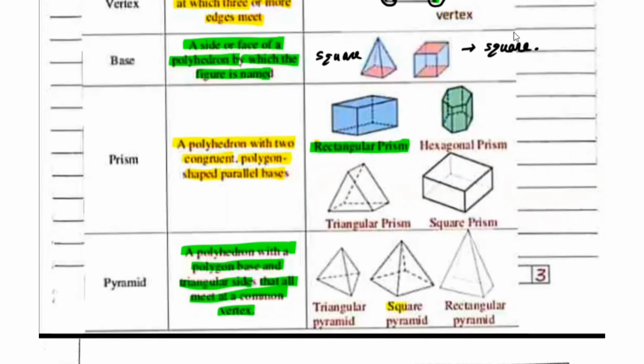Second is a square pyramid where the base is a square and the rest of the faces are triangular in shape. And the third figure is a rectangular pyramid where the base is in the shape of a rectangle and the other faces are triangles. I hope you all have understood now what is a pyramid and what is a prism.